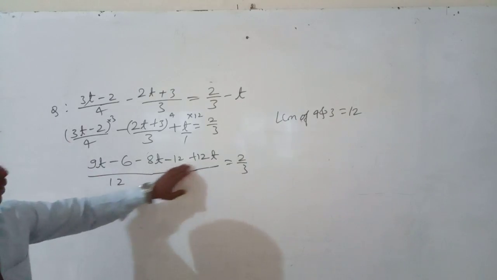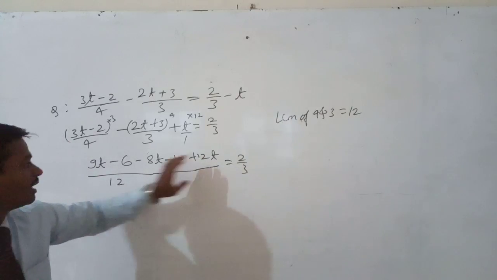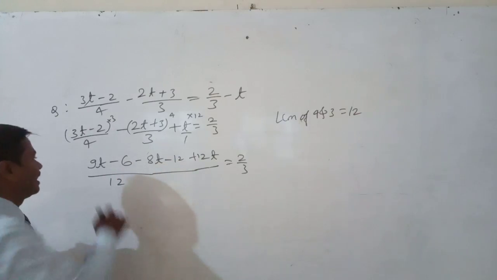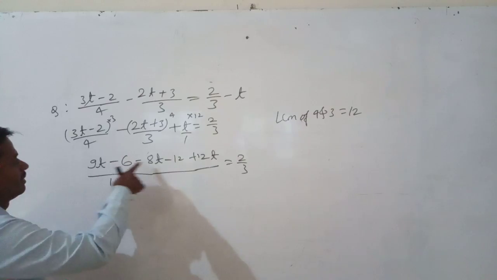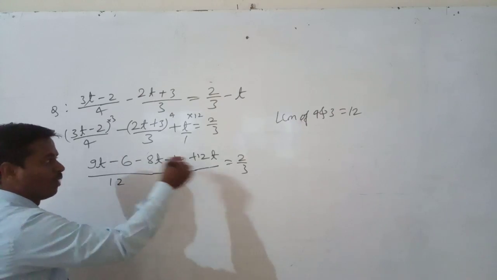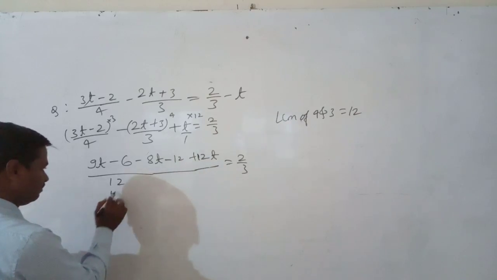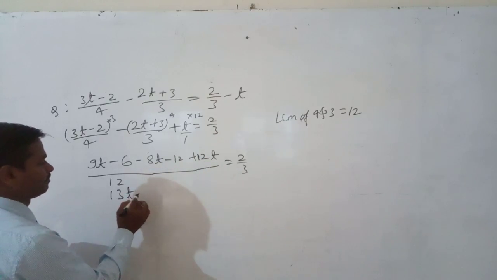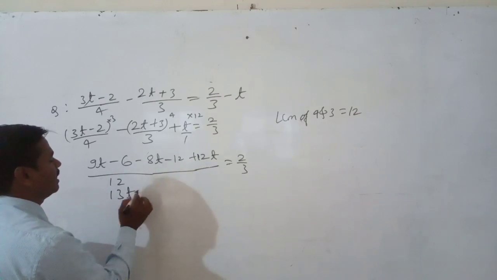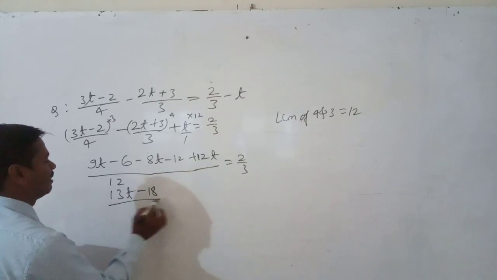For t you do addition and subtraction; constant numbers you do addition and subtraction separately. Plus 9 minus 8, 9 minus 8 is 1. 1 plus 12 is 13t. Minus 6 minus 12 is minus 18, divided by 12.